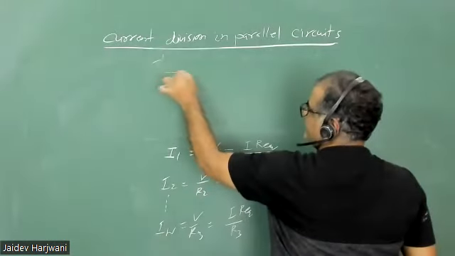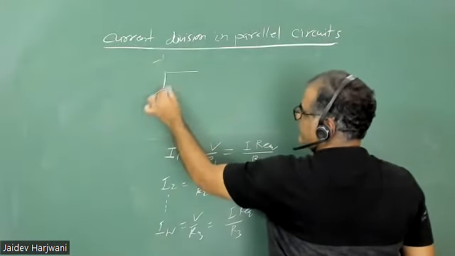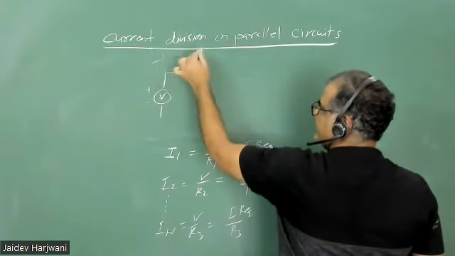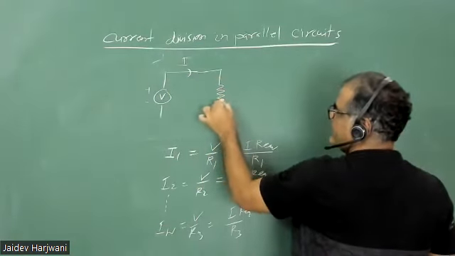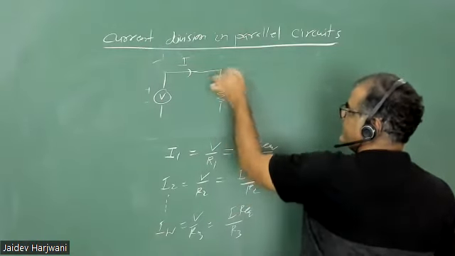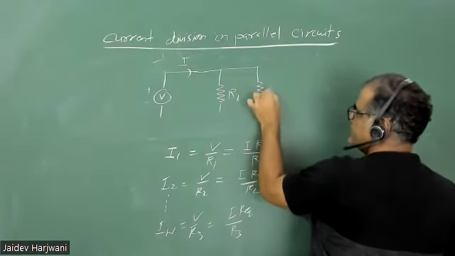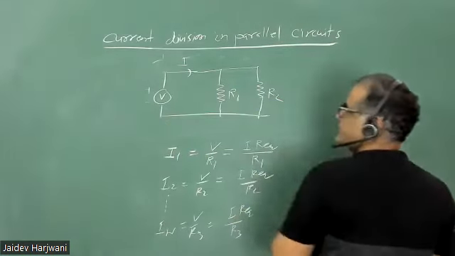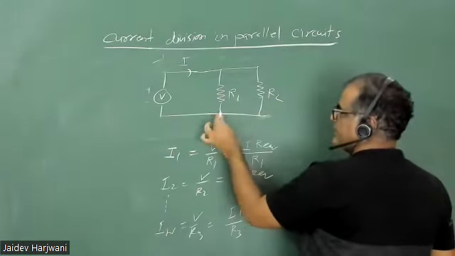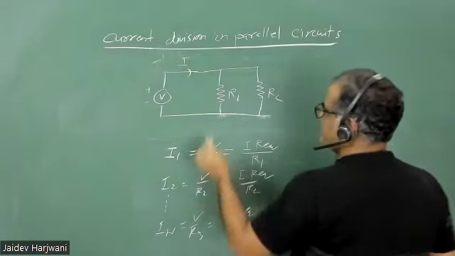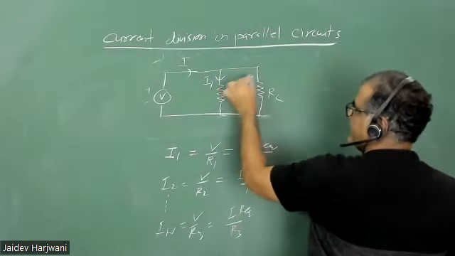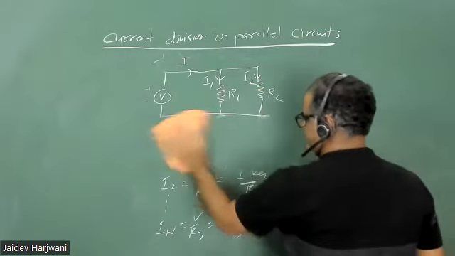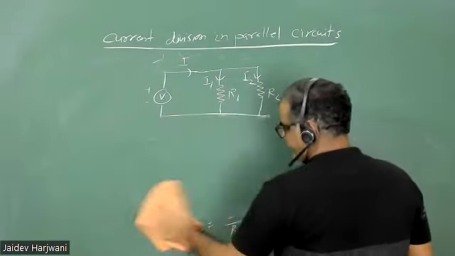Say only I current is coming, and this I current is getting divided between this resistance R1 and this resistance R2. Say I1 current is flowing here and I2 current is flowing here. What is the formula I will use?